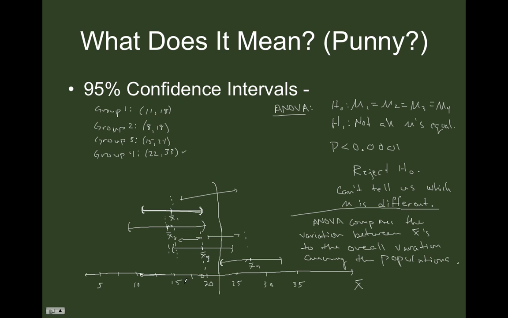Now, just as a mathematical side note, sometimes students ask me, why not just do sets of t-tests? In other words, why not just do 2 population t-tests here? Because in a sense, that's kind of what I'm alluding to with these confidence intervals. I could have a hypothesis that says mu1 equals mu4, and then the alternate would be mu1 is not equal to mu4.